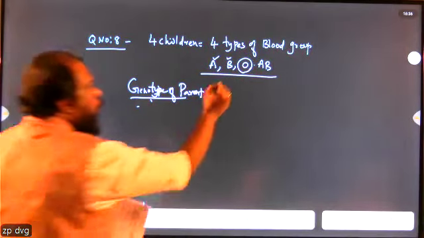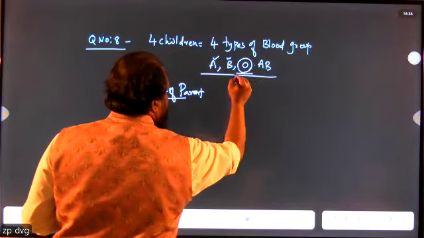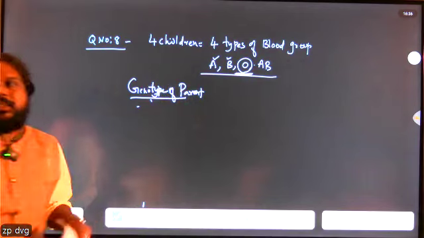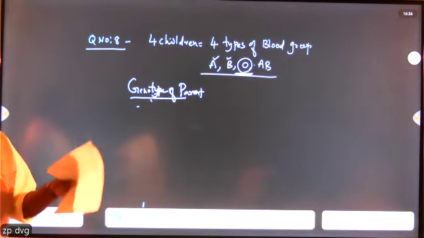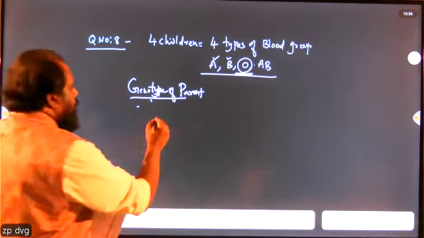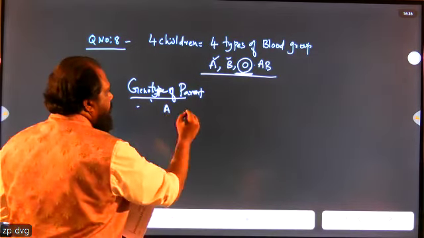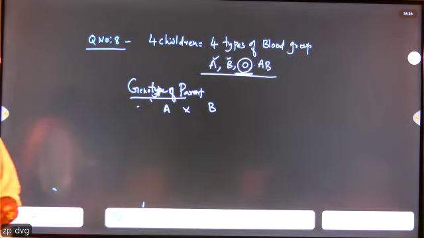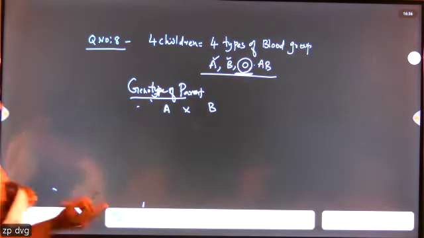When O comes, as I told you in the last question about blood group, obviously the cross should be based on heterozygous genotype. That means the parents may be A and B.